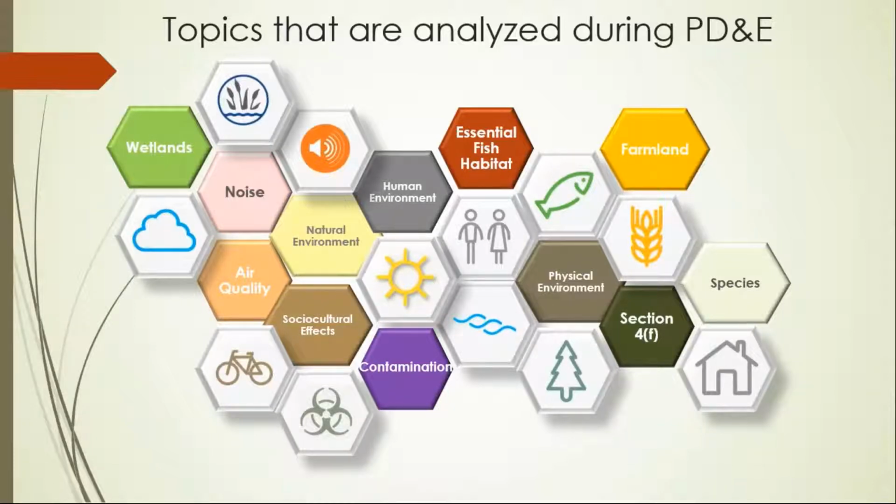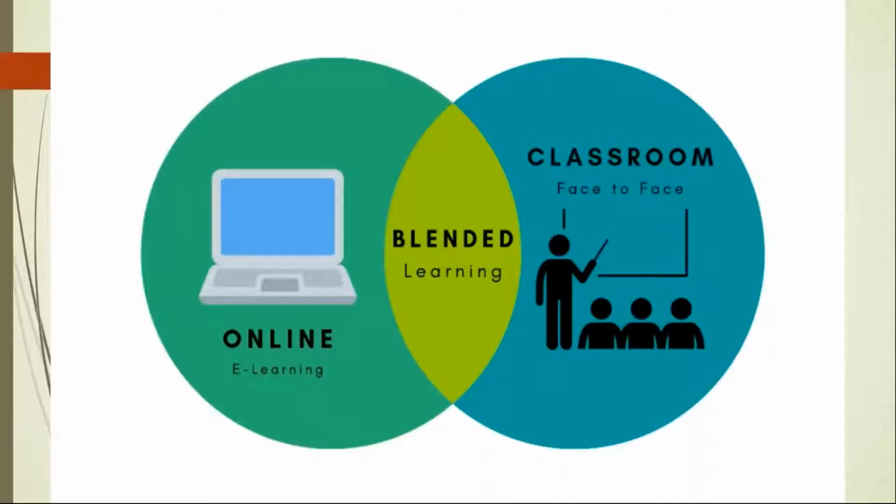For example, if you wanted information on how wetlands are addressed, you can look in Part 2, Chapter 9 of the PD&E manual. Impacts to species are found in Part 2, Chapter 16, and impacts to contamination are found in Part 2, Chapter 20. And I highlight those because those are some of the things that you're going to need to analyze as part of your Type 1 CE.